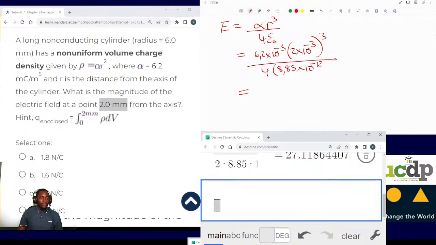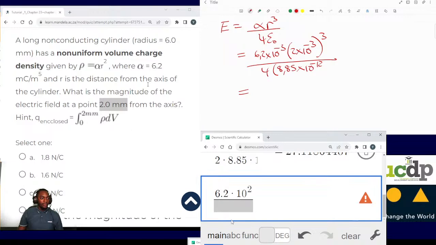So I'll continue with the punching, also punch with me. 2 times 10 to the negative 3. Okay, someone has already passed the answer there. Let's see, what do I get?